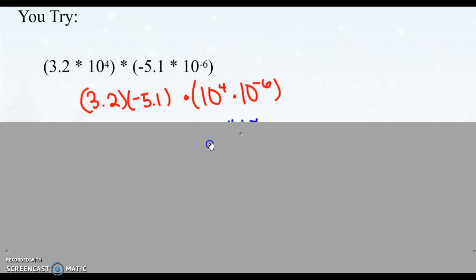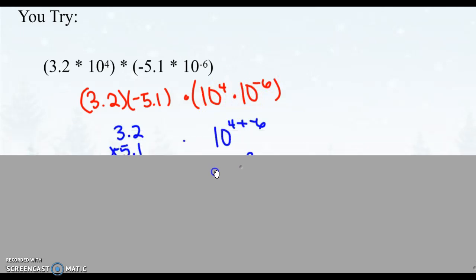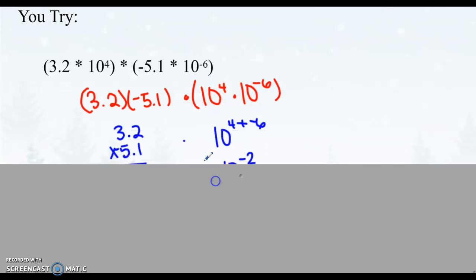So here's that work. First, regroup them. Then we're going to have the same base, so we're going to add the exponents, and we're going to multiply those numbers together. So we've got 10 to the negative 2. We're going to multiply 3.2 times negative 5.1.